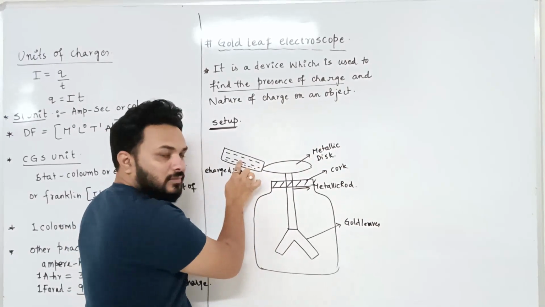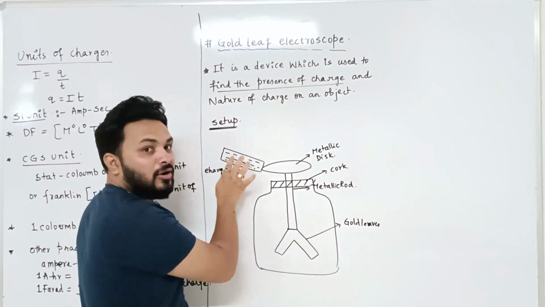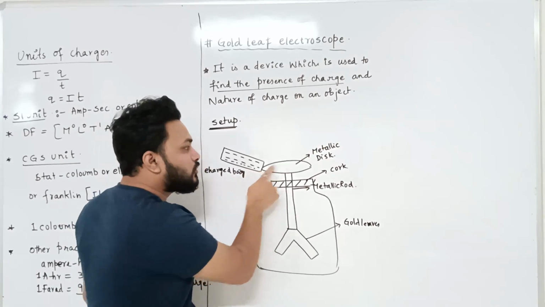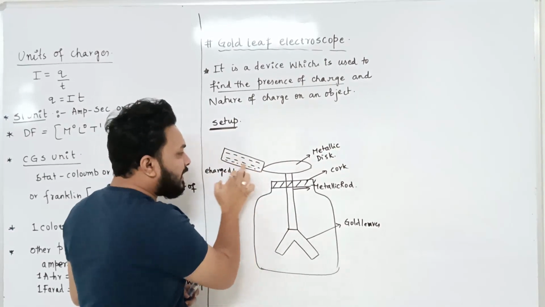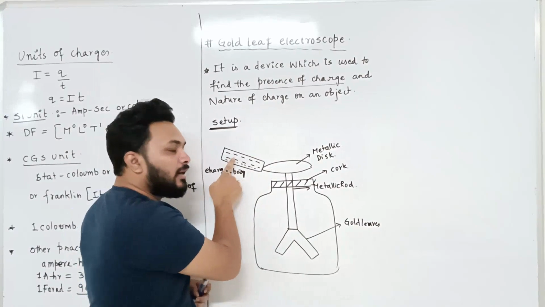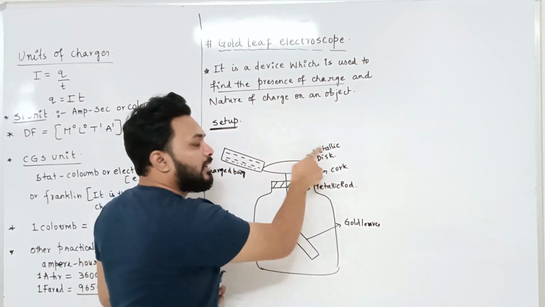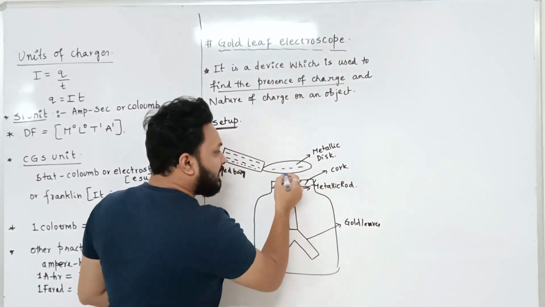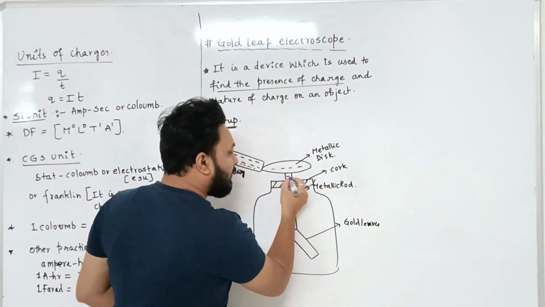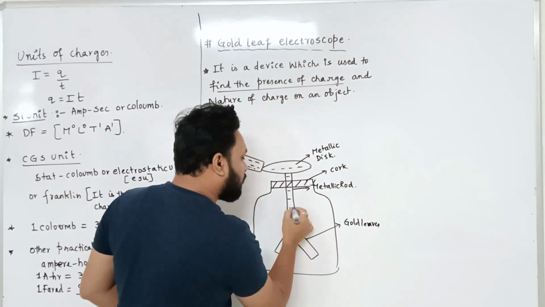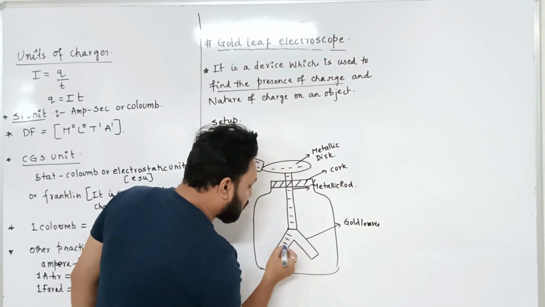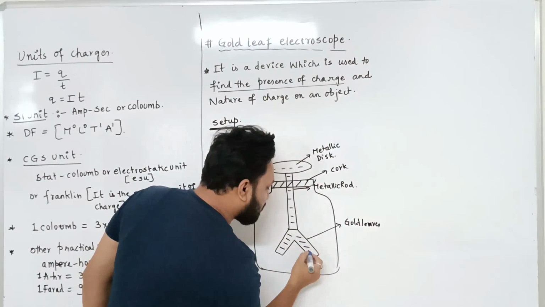Since it is connected to the metallic rod, they transfer to the rod, and finally to the gold leaves.